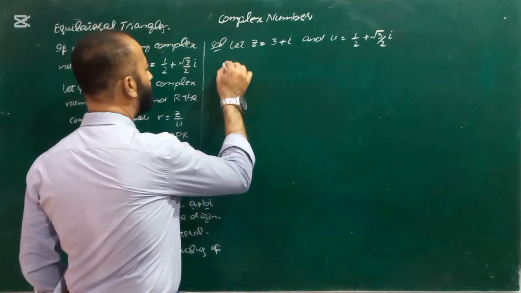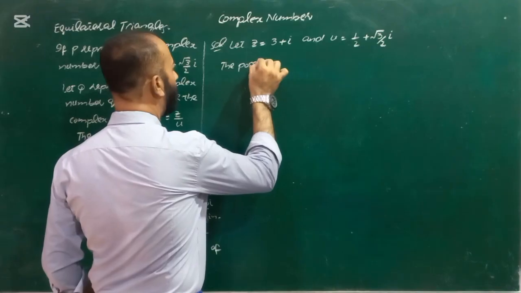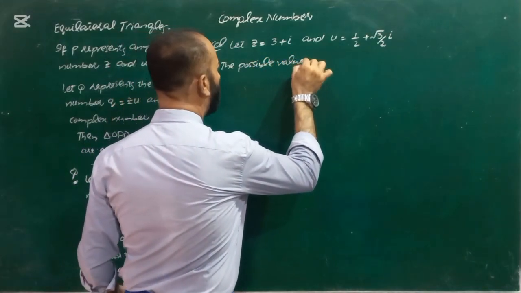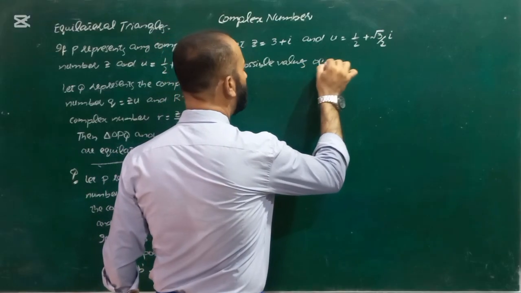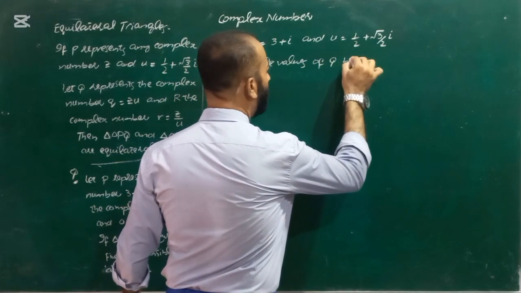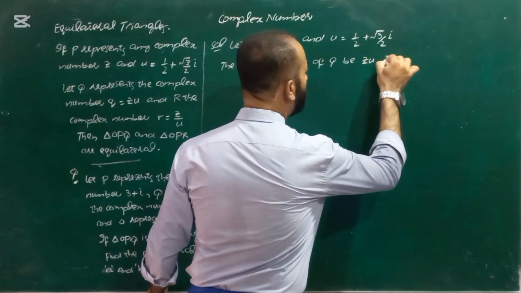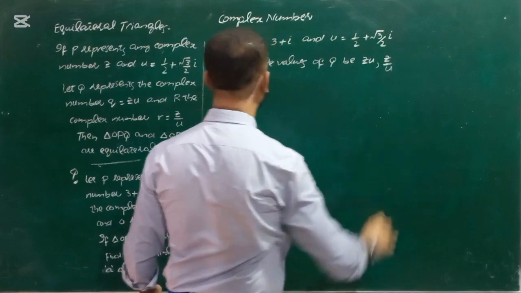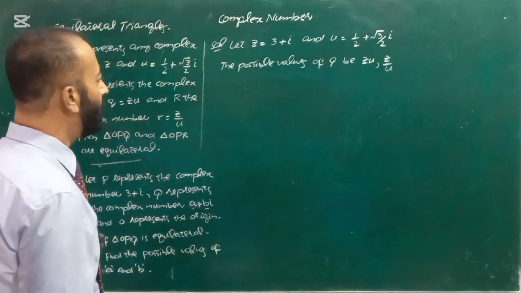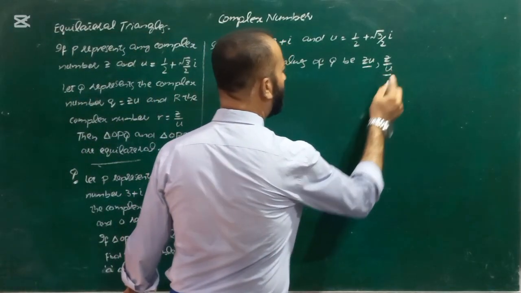Then possible values of Q will be ZU and Z over U. So these will be the possible values. So okay, now we are actually going to find this and this thing.